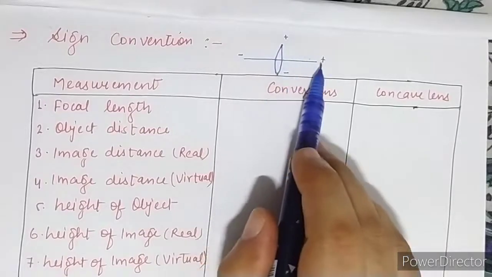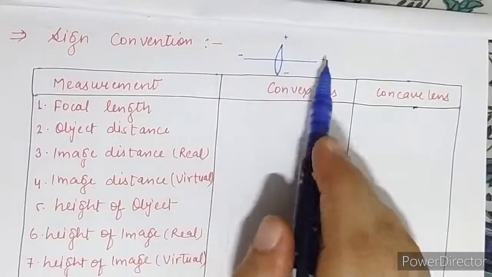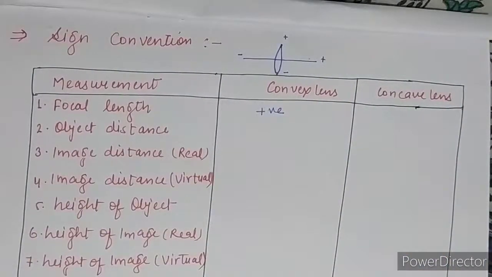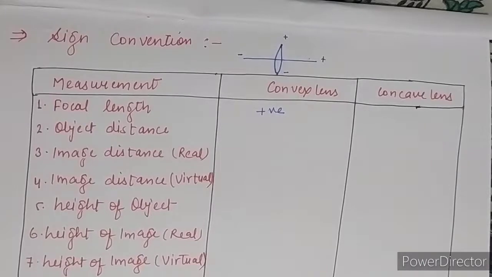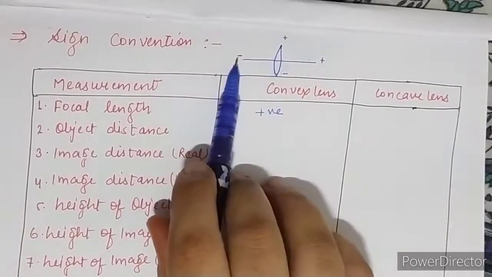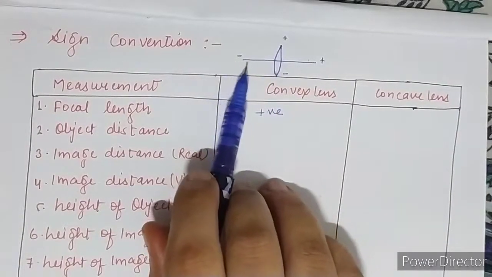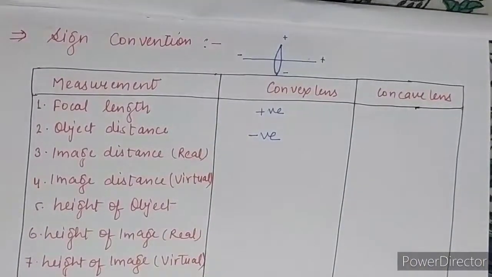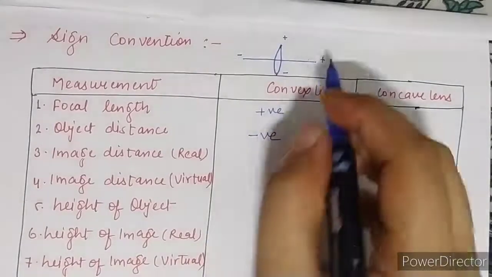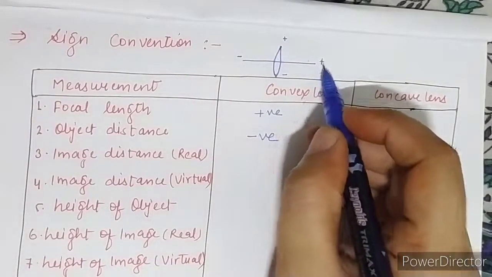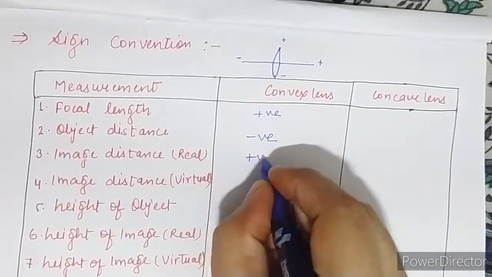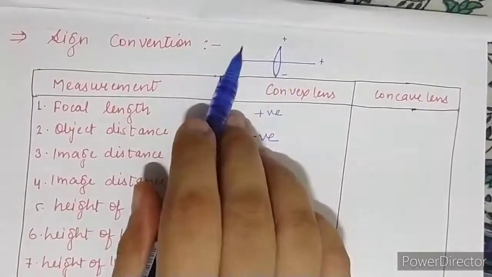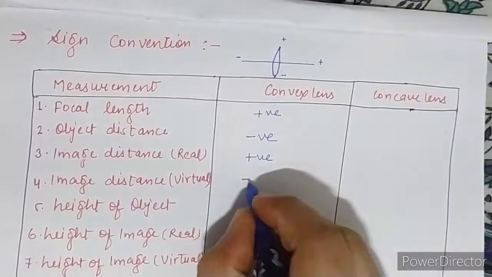So the focal length which we are taking is on this side only, so it will be positive. You know very well that the object is always kept on the negative side, whether we are discussing the mirror or the lens, so the object distance is always negative. The real image is always formed on this side, so the real one is positive. Only the sixth condition, where the image is formed on the same side as the object, is negative.